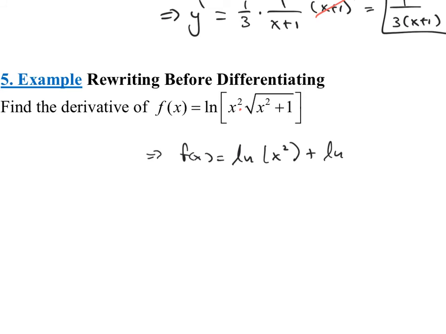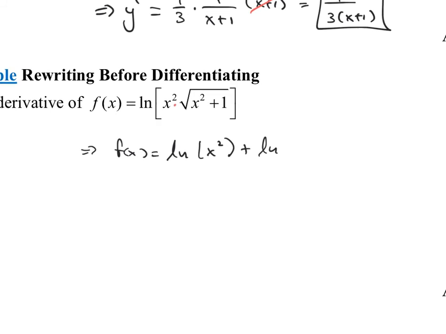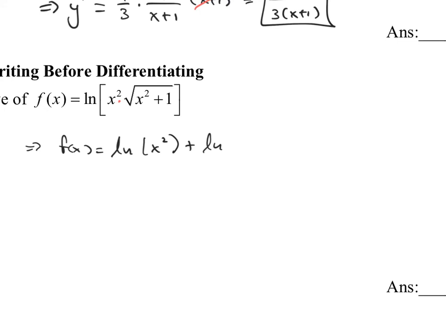I'm actually going to do that a little differently though, because what I want to do is look at that as x squared plus 1 raised to the 1/2, right? Change it into its exponential form. Now I know what I can do is take those powers of 2, those exponents, and the exponent of 1/2, bring it down in front.